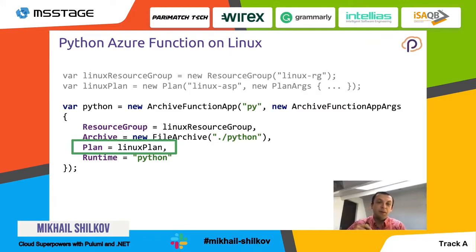But the user of my component just writes 5 lines of code, defines only the different configurations that it wants to use from defaults, and then the usage is very simple and abstracted away all the nitty-gritty details of the provisioning.